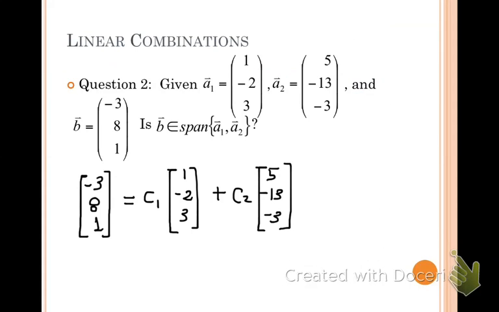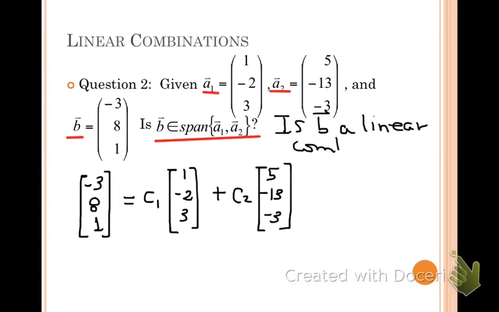So let's look at the following example. In this example, we have two vectors, a1 and a2, and we want to know whether or not b, which is given here, is an element of the span of these two vectors. Another way to ask this question is to say, is b a linear combination of the vectors a1 and a2?